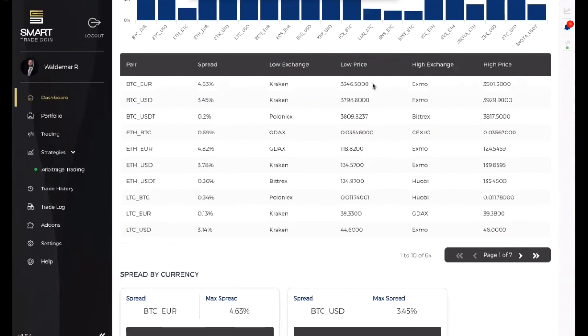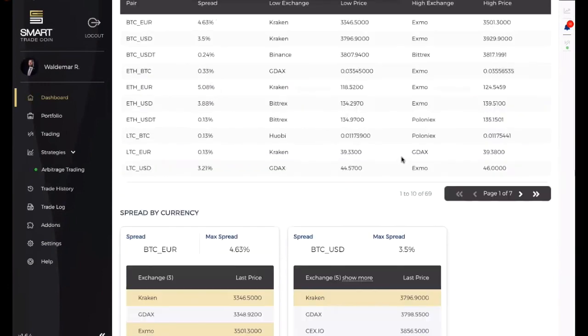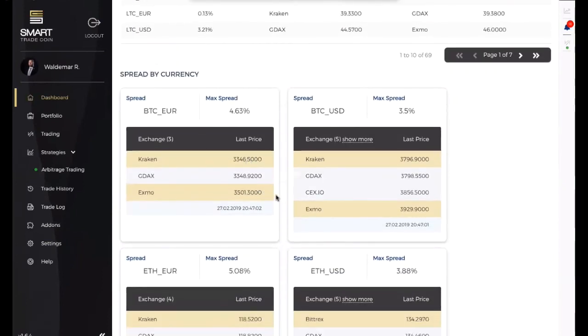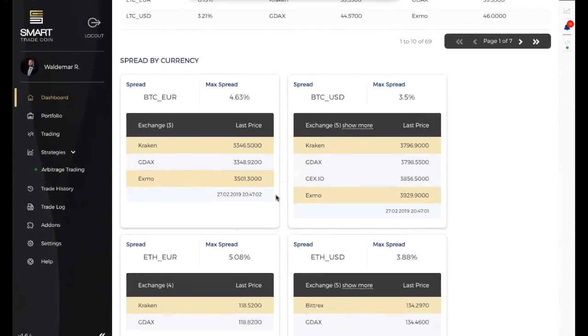Here you see clearly now: $3,500 for Exmo and $3,345 for Kraken. When the settings specify Bitcoin to Euro, that's cryptocurrency and fiat money, one setting, and there is one more additional setting for cryptocurrency to cryptocurrency.